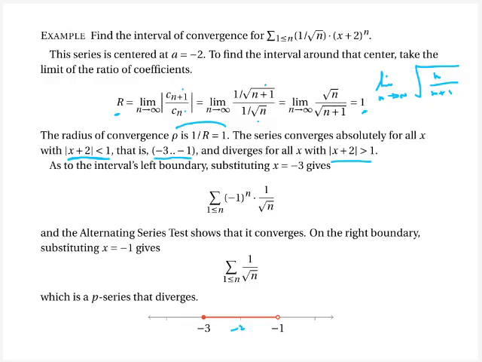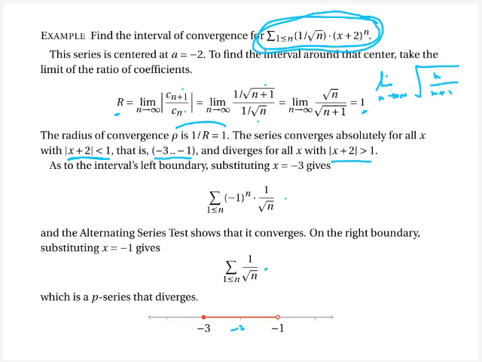All right, well, what about the boundaries? The last thing to cover: what if you're exactly 1 away from negative 2? Plugging negative 3 into the original series gives you this. Plugging minus 1 into the original series, I sometimes have folks confused about what I'm plugging into.